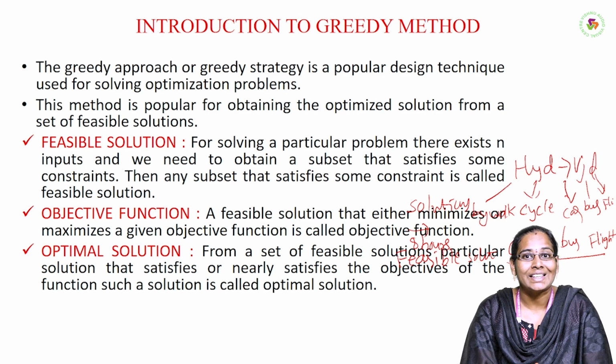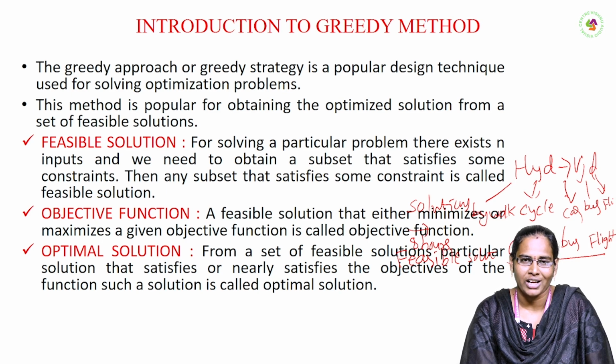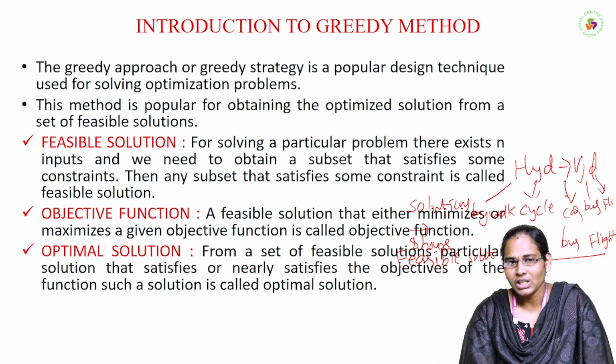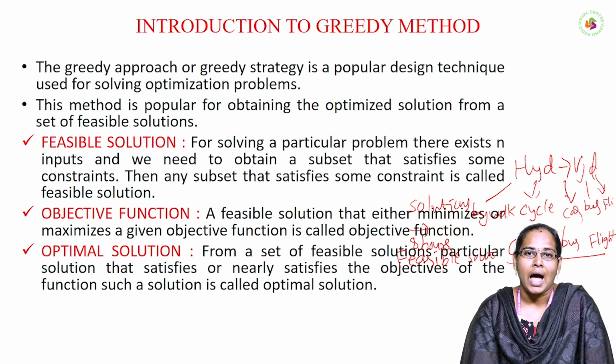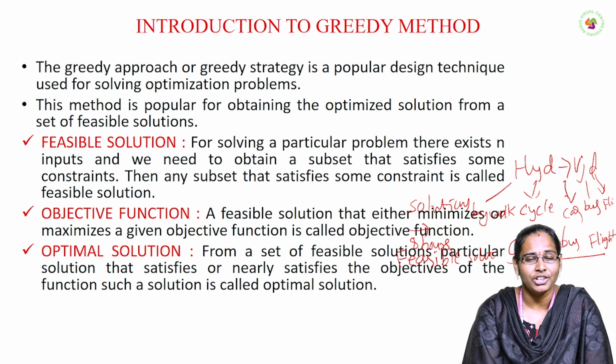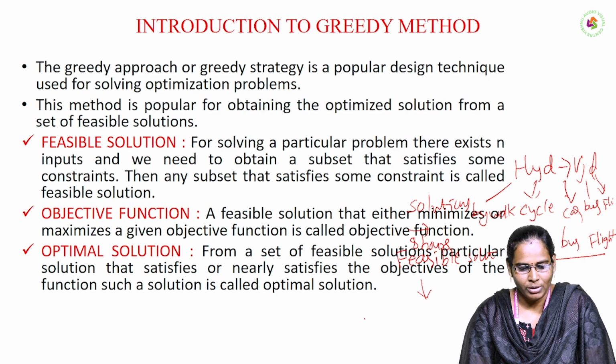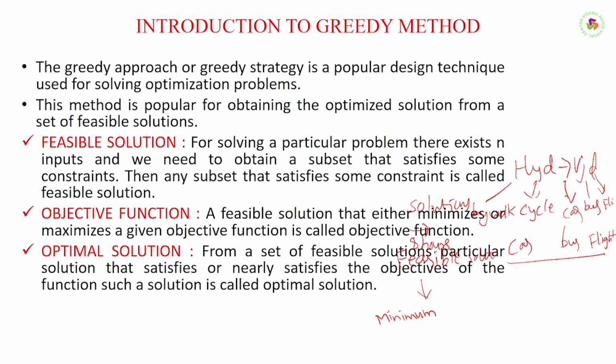Before that, what is an objective function? Objective function means like minimum value or maximum value. Among these feasible solutions, I am applying another objective function. Here I am applying minimum as the optimal value.